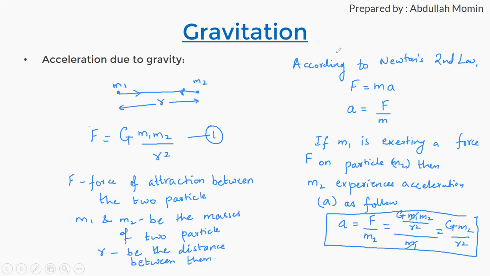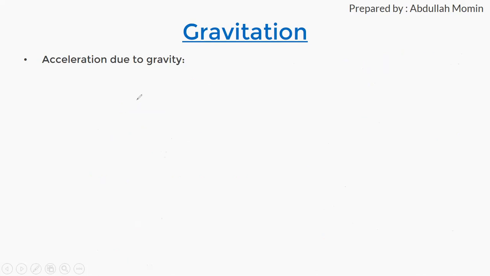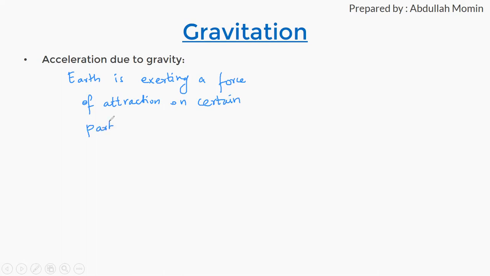Similarly, we can say that if Earth is exerting a force of attraction on a certain particle of mass m, suppose this is Earth whose mass is capital M. It is exerting a certain force on mass m and the distance between them is r.